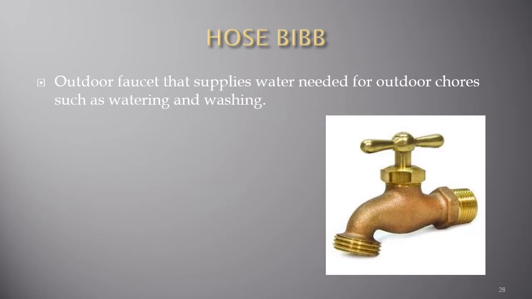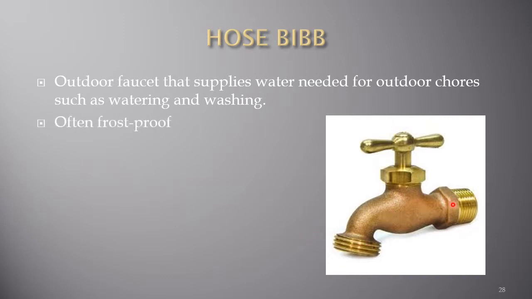Now, sometimes you will see a hose bib. A hose bib is defined as an outdoor faucet that supplies water needed for outdoor chores. Notice it has a threaded connection where you can connect a hose.